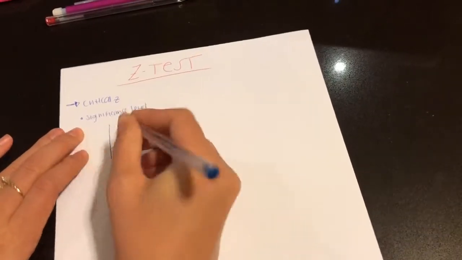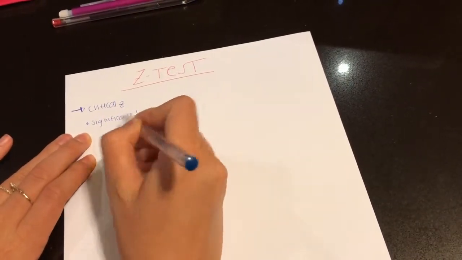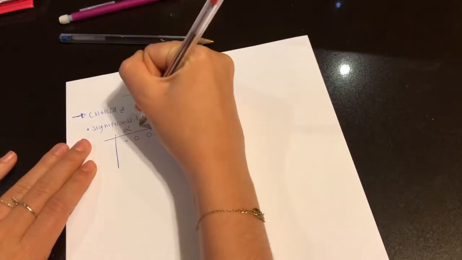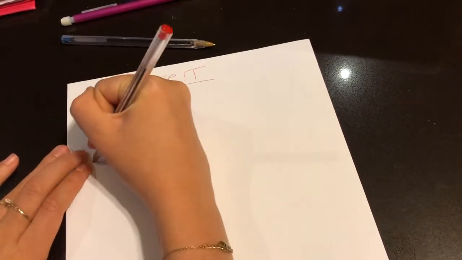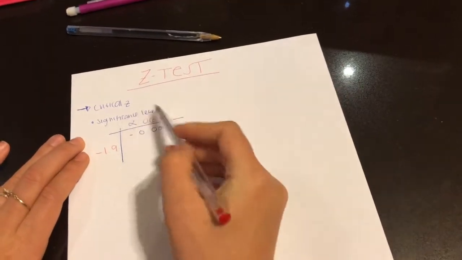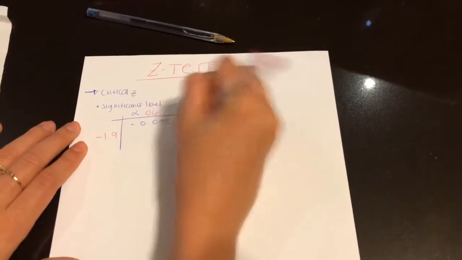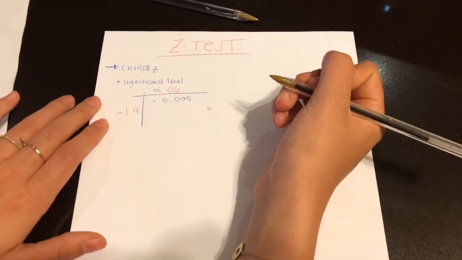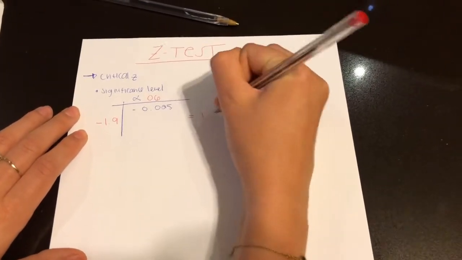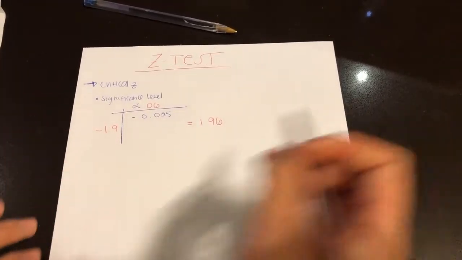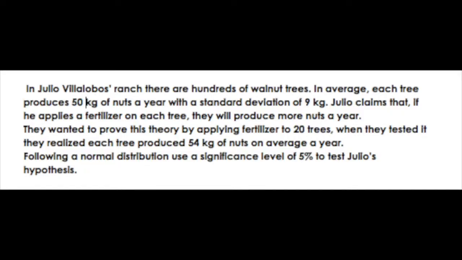Finding that number, the two numbers from the top and from the side, in this case being 0.06 and negative 1.9, these two numbers are going to give you a critical Z. So your critical Z in this case is 1.96.